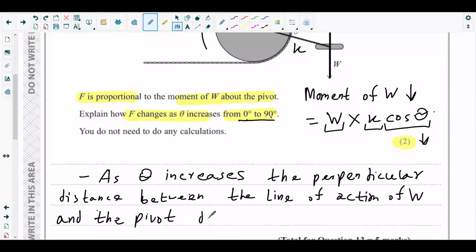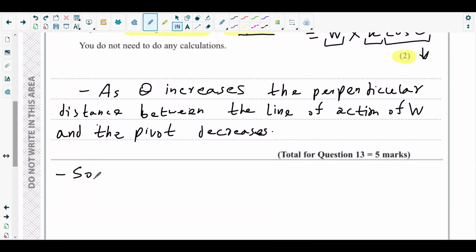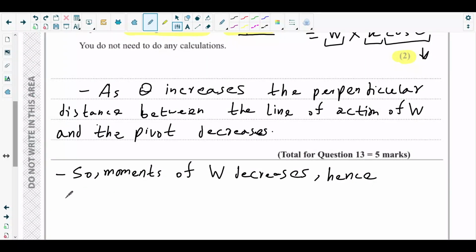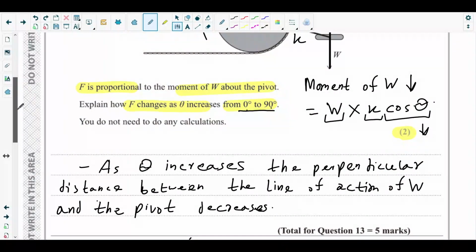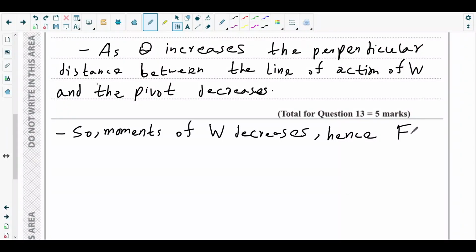It decreases, right? So moment of W decreases, hence F decreases.